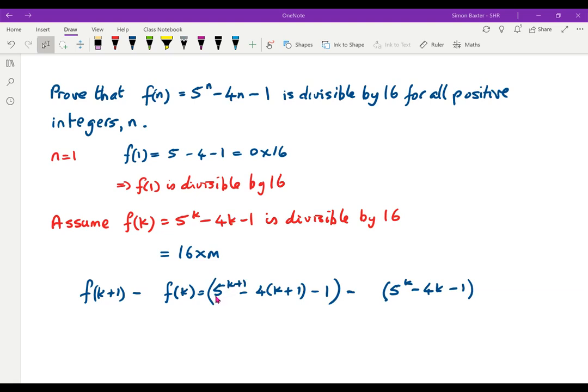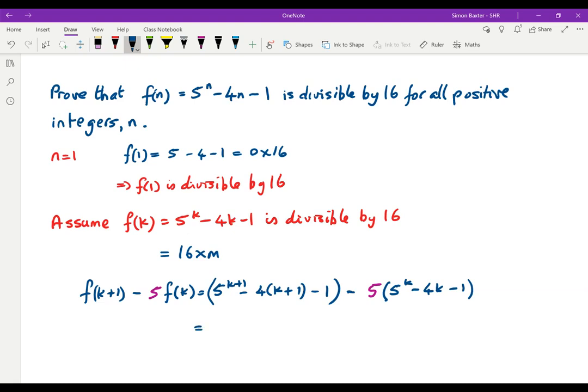Well, that's 5 to the k plus 1. That's 5 times 5 to the k. If I put 5 there, I get 5 times 5 to the k. So if the number that I put in is 5, then I will eliminate my power of 5. So let's watch that happening.